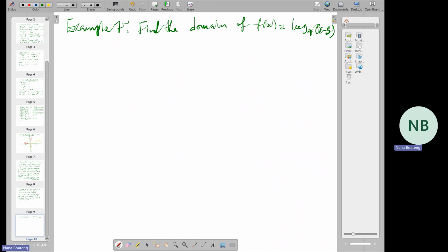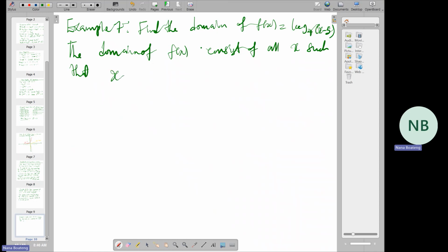So the domain of f of x consists of all x such that x minus 5 is greater than 0, which implies x is greater than 5.